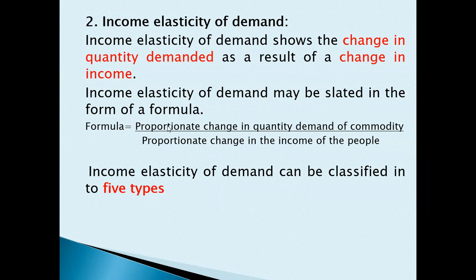Wherever in the previous formula there was price, that price is replaced by the income. That's it only. Baaki toh same hai. The income elasticity of demand may be stated in the form of a formula. So the formula is, look, ID is equal to proportionate change in the quantity demanded of the commodity divided by proportionate change in the income of the people.